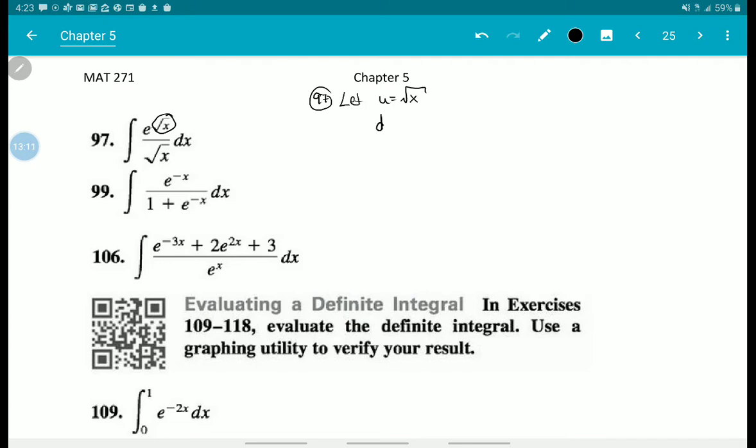So let's find du. Square root of x is the same thing as x to the 1/2. So if we take that derivative, bring the exponent down, subtract 1 from the exponent, and so we took the derivative with respect to x. So we're going to have 1 over 2 square root of x times dx.